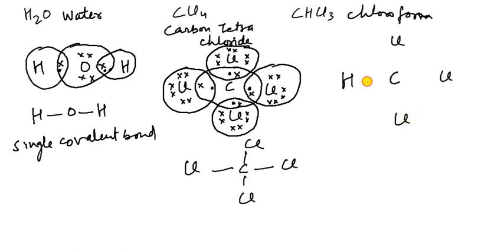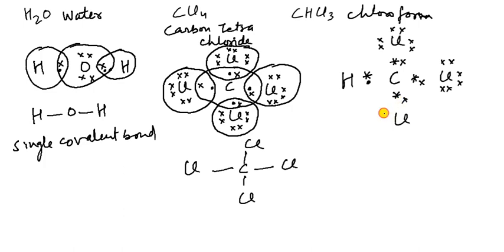And this is called chloroform, carbon trichloride. So let us see what will happen in this. Carbon is single with one hydrogen and one Cl, another Cl and one other Cl. Hydrogen has only one electron in this. And carbon has 4 electrons, so 1 electron, 2 electron, 3 electron, 4 electrons.